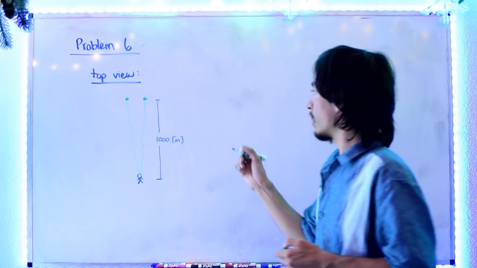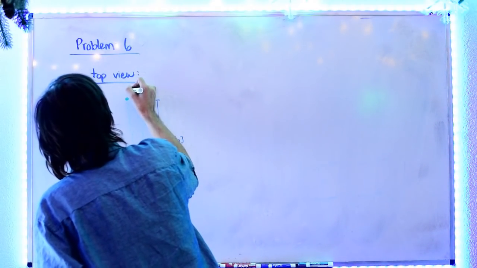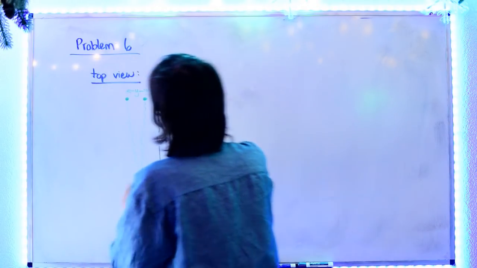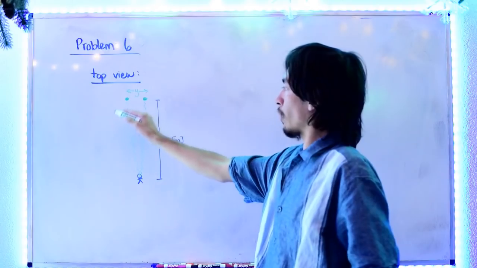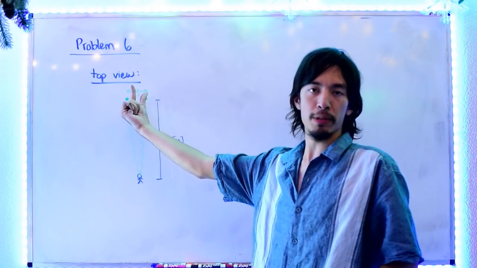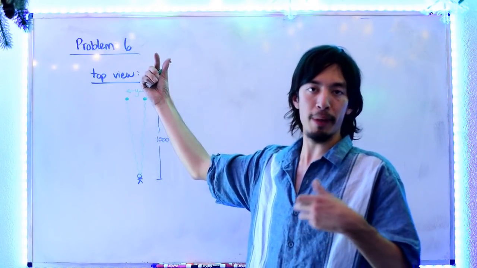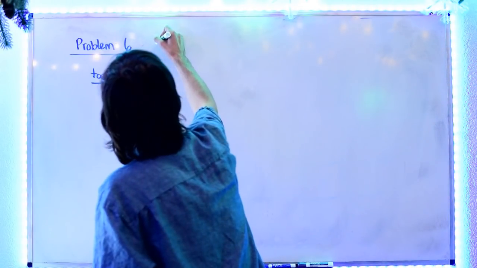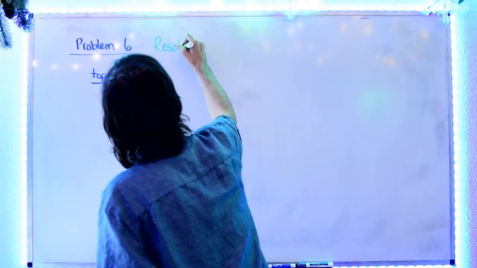So there has to be some minimum distance between the two objects, which is analogous to the distance y. When you're doing a resolution problem, the distance between the two objects is treated as the distance y. So again, only for resolution problems.